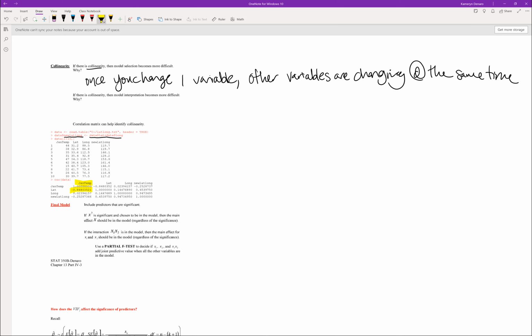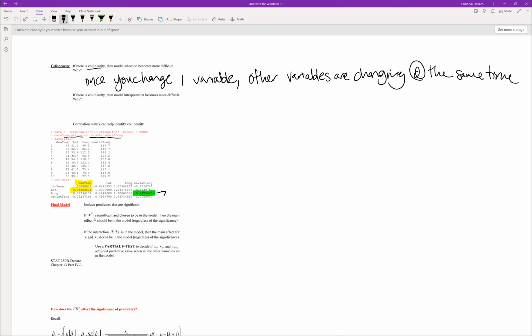Not a nonlinear relationship. But the second thing we're checking for is collinearity. Here we notice that new lat long and longitude have a correlation above 0.9.